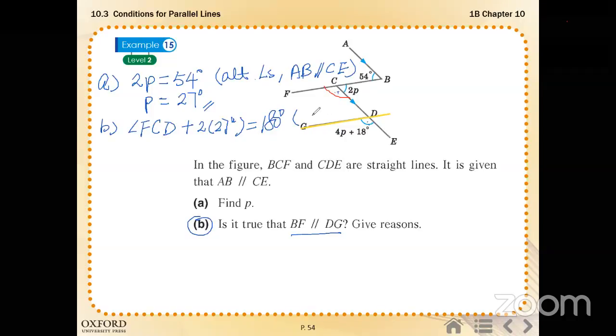Because they are adjacent angles on a straight line, right? And therefore, I know that angle FCD equals 180 minus 54, which is 126 degrees.